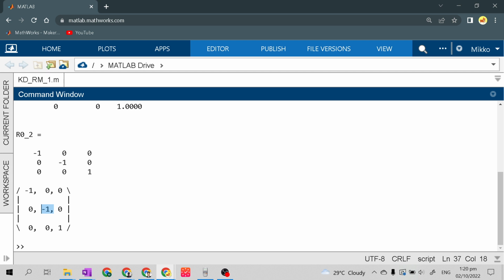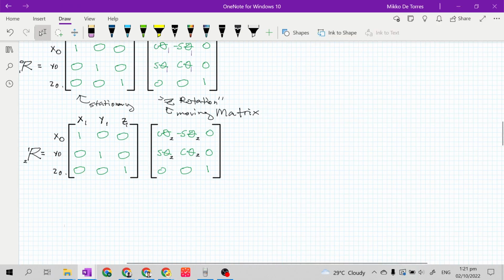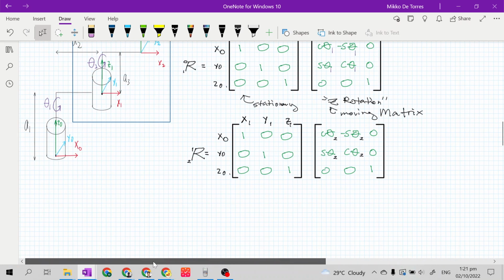This is the rotation matrix if the value of T1 is 270 degrees and T2 is negative 90 degrees. But 270 degrees and negative 90 degrees are the same, they are both 270 degrees. So that is the rotation matrix for this model.